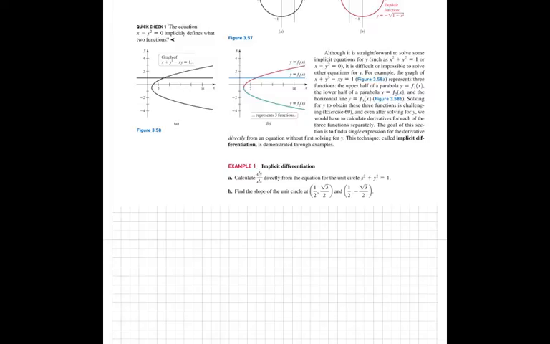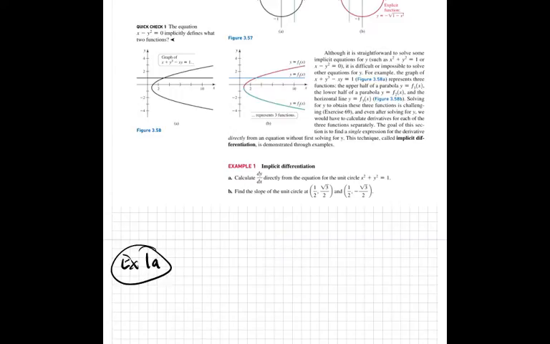I'm going to do it the way that I'm comfortable doing it, and then we'll see the way that the text does it. There are a couple of different techniques, at least that I'm aware of, that we can use to solve this. So let's start by getting a copy of the original. All right, so we have example 1A.